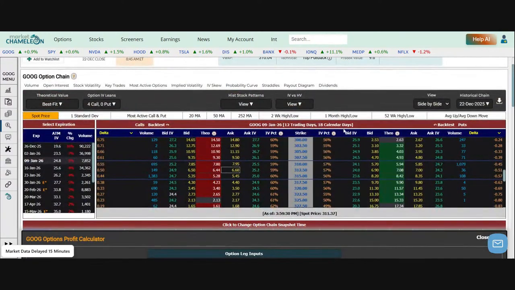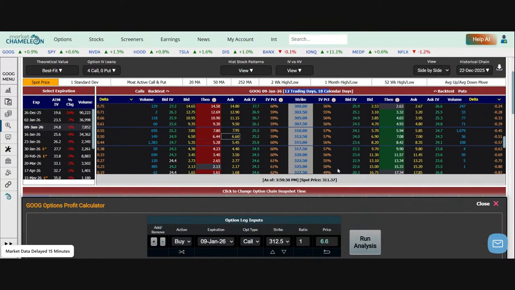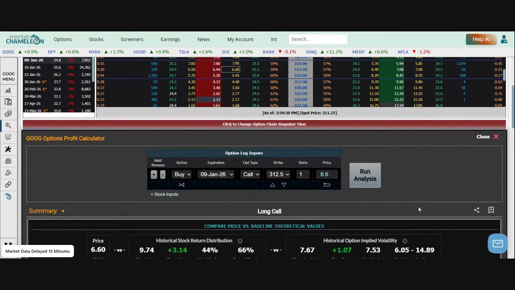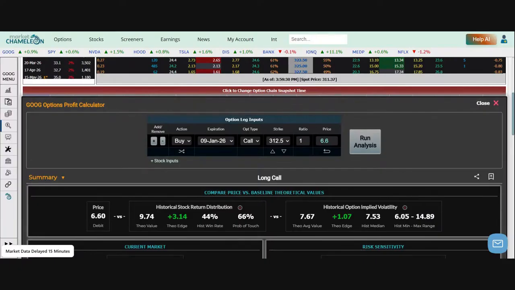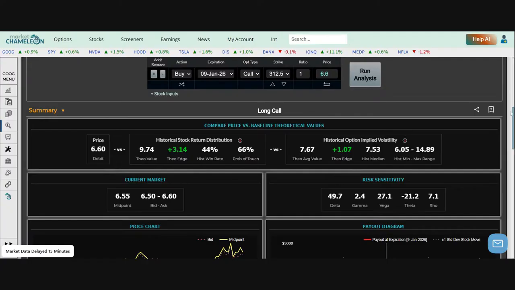What do we have here? We have 12 trading days, 18 calendar days. So we have this information, and we can look historically at how the stock behaves in 12 days, based on those average movements over X amount of time. I think this is defaulted here to 2 years of data. We could change that.